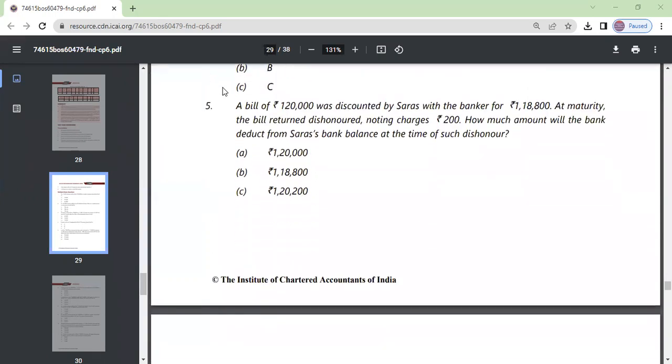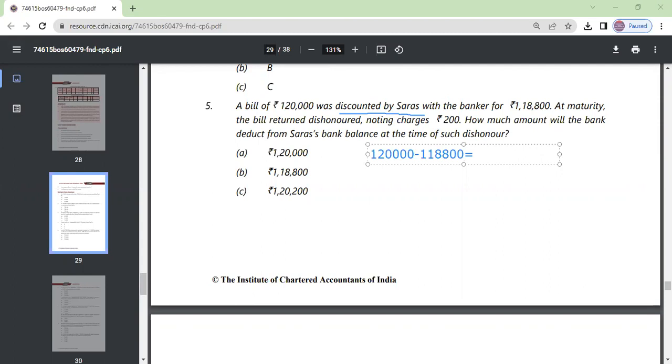Now, coming to fifth question. A bill of 1,20,000 was discounted by Saras drawer with the banker for 1,18,800. Can you tell me what is the discount amount? What is the bill amount? First, 1,20,000. How much amount did we receive from the bank? 1,18,800.